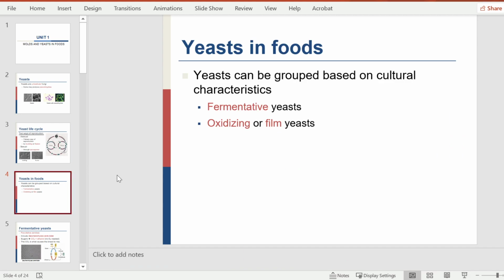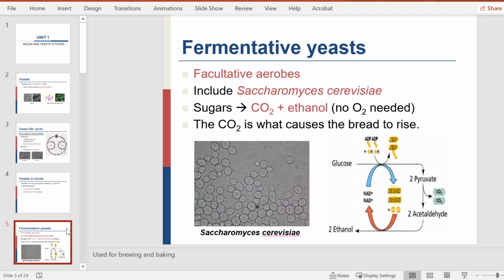Now then for yeasts, we have a couple different kinds, and they're just based on their characteristics, so whether they ferment or if they're oxidizing film yeasts. So our fermentative yeast, they're going to be facultative aerobes, and they're going to include Saccharomyces cerevisiae, which is a pretty important one. And so what that is going to do is it's going to convert the sugars, and that's going to change it into CO2 and ethanol.